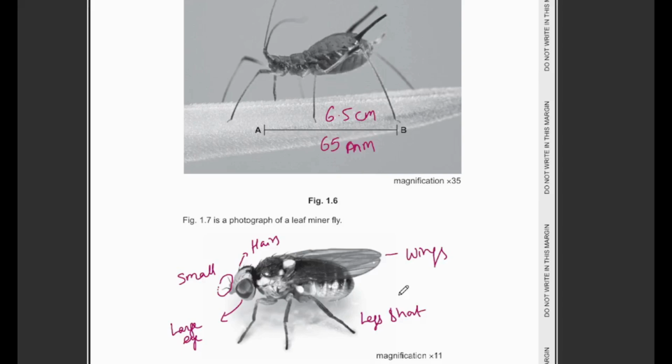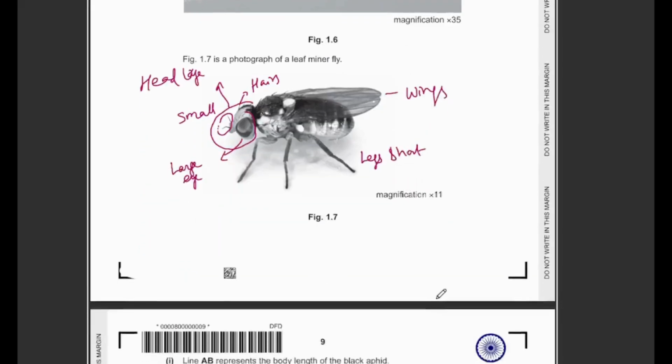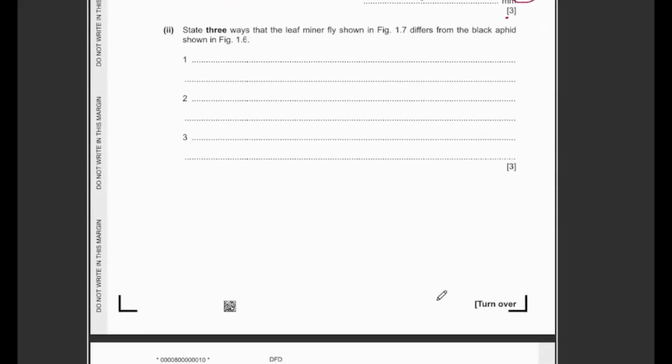Okay, anything else you want to see? The overall head, if we see, is also large. So we got a few differences here, and that difference we will mention here. If you spot some more differences, you can do that also, but we will see the marks first and then go. See, three differences are enough.